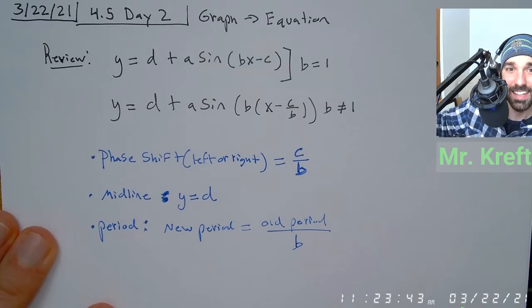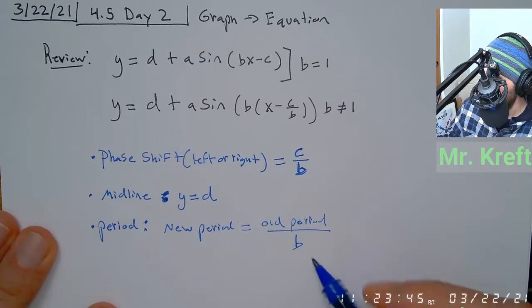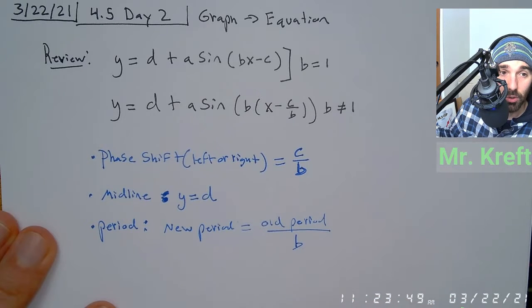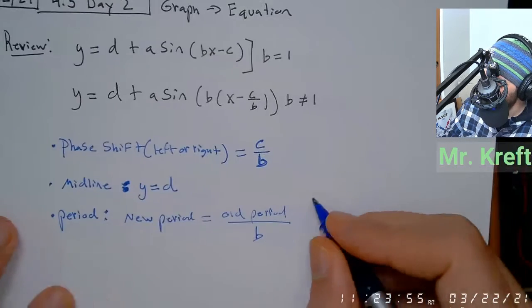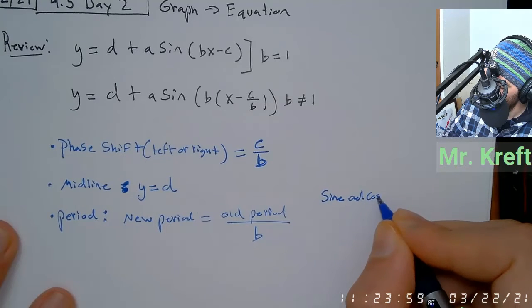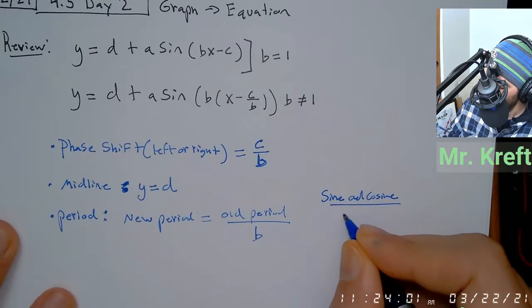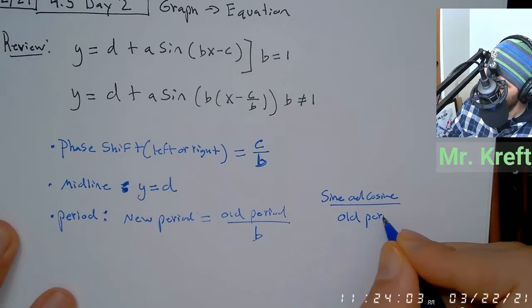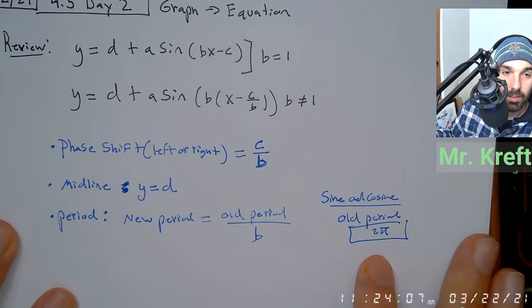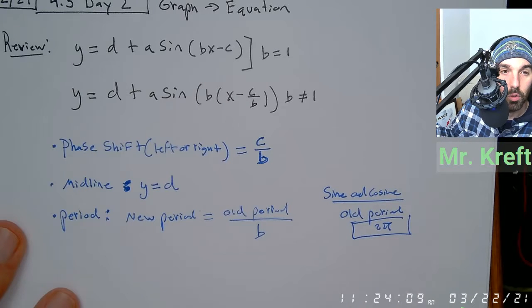That's why I like to think of everything on the inside as backwards. So we take our old period divided by b. For sine and cosine, what's the old period always going to be? It's always 2 pi. For sine and cosine, old period is always 2 pi.